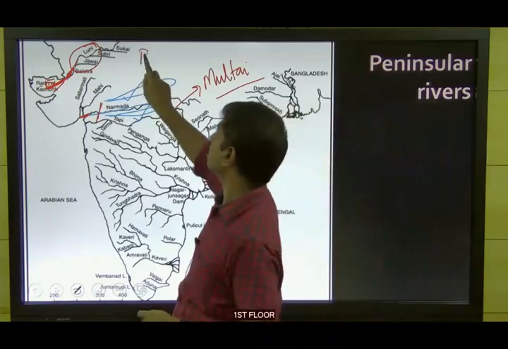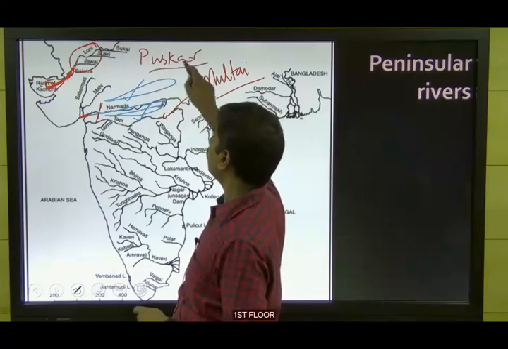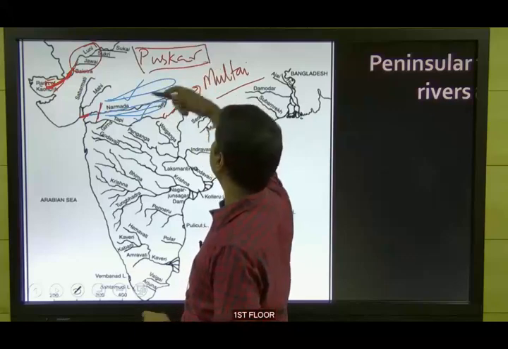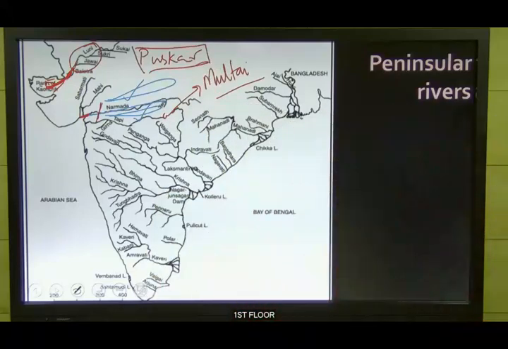Pushkar is a place in Rajasthan which is known for its camel market. It's a sort of regular marketplace. And the Pushkar festival is also a famous festival in Rajasthan. Near that place Luni originates and drains into the Rann of Kutch.